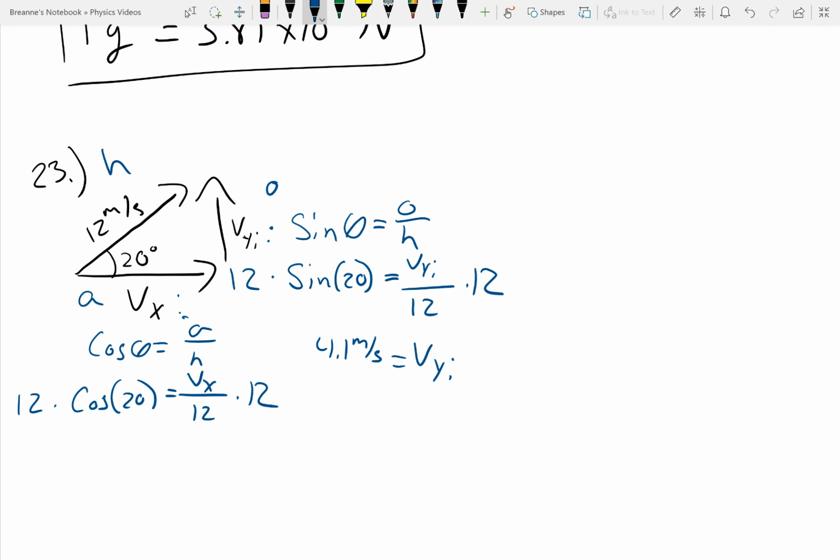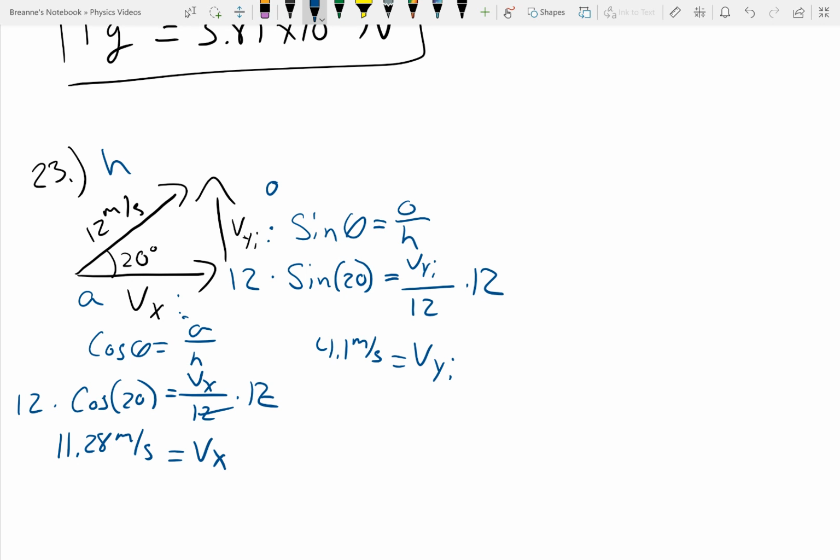Multiply both sides by 12, and that gets you 11.28 meters per second. So that'll get you your initial velocity in the y and your velocity in the x. So this one's asking for time.